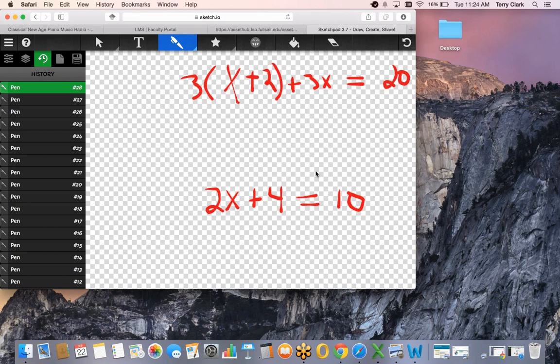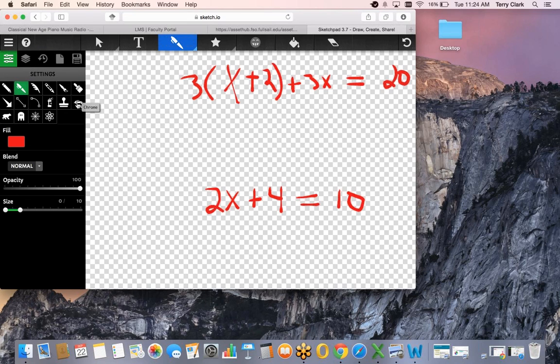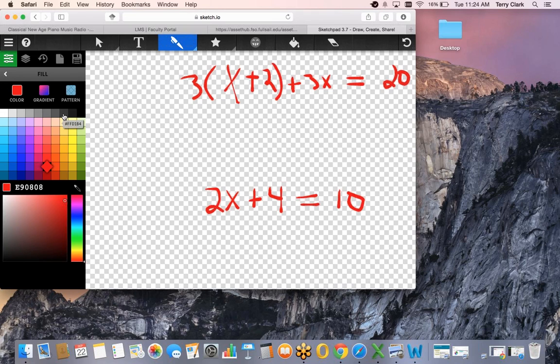The top one does. When we look at the bottom one here, we've got the addition of 4 and the multiplication of 2. So that brings us into the addition property for equations and the multiplication property for equations. With the addition property, we just subtract 4 from both sides.